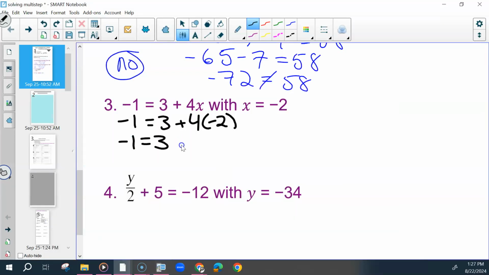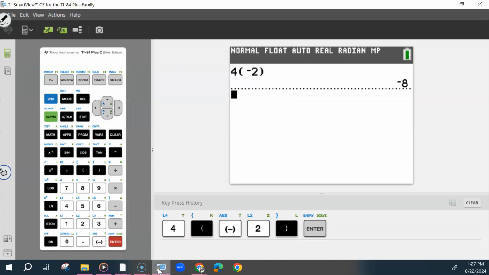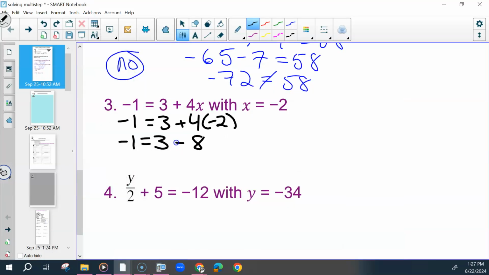Because this is going to give you a -8, we're just going to put -8 instead of plus minus to try to get away from that. And then we can subtract this. And these 2 numbers are not the same. So this did not work. This is not a solution. Okay. Questions on that one?